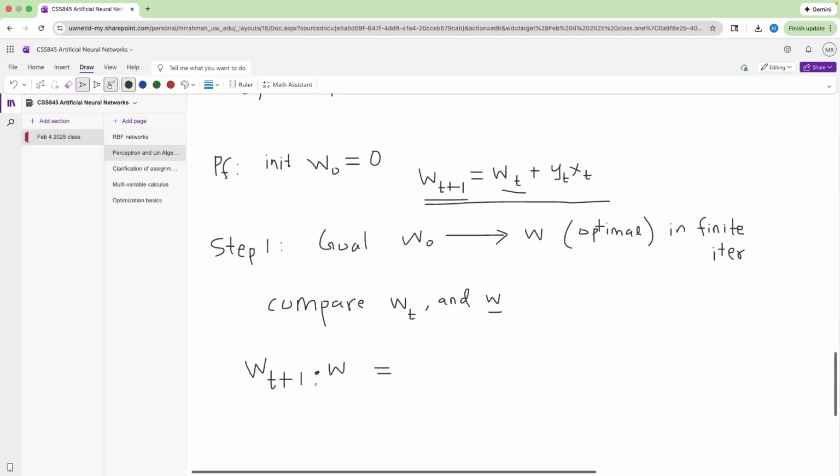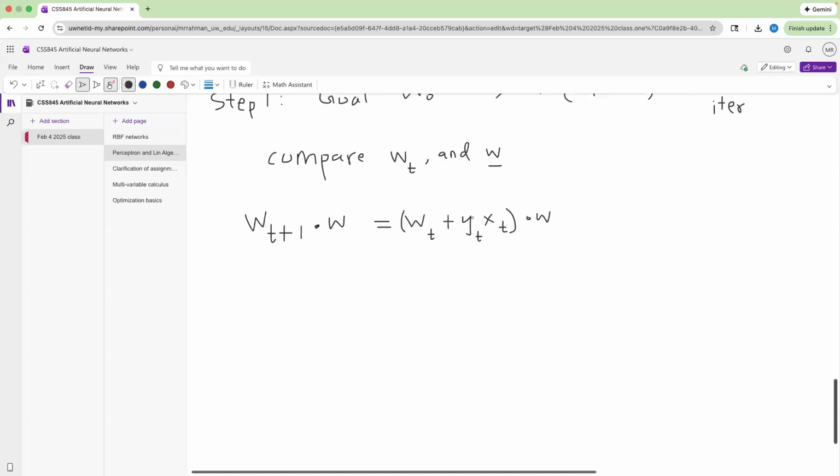This represents the dot product between two vectors: WT plus YT XT, dot with W. Okay, and the dot product is linear, so we can take these values out.